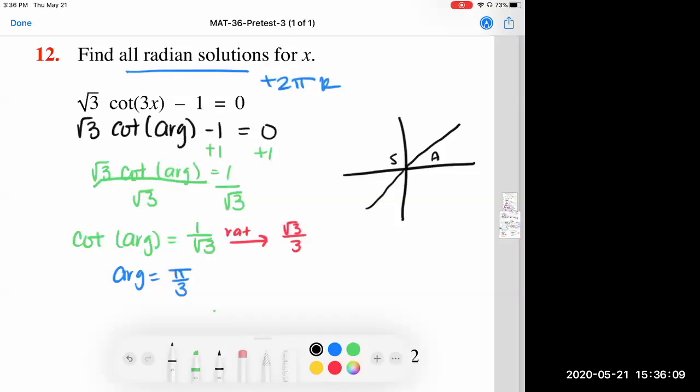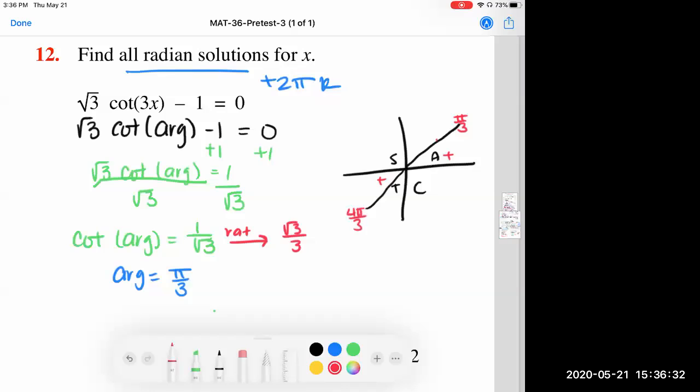Okay, so we have cotangent. So all students take calculus. We want positive square root of 3 over 3. It's positive at the 60-degree mark, which is pi over 3. And all students take calculus, it would be positive again in quadrant 3 for tangent. And the 60-degree mark would be 4 pi over 3.